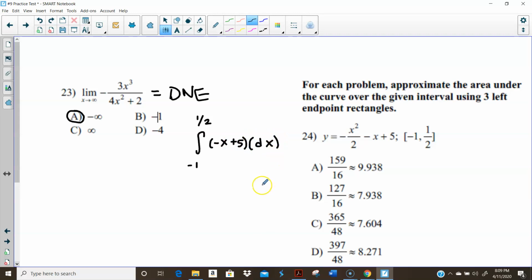That's going to give you a pretty good approximation for the area under the curve. Now, I'm going to go ahead and do it the long way. I'll stop it and draw out the rectangles, and then we'll go from there.